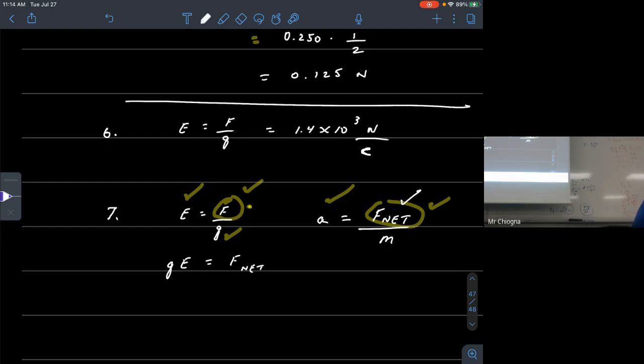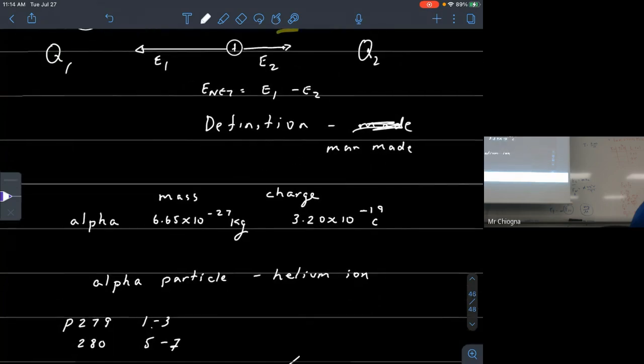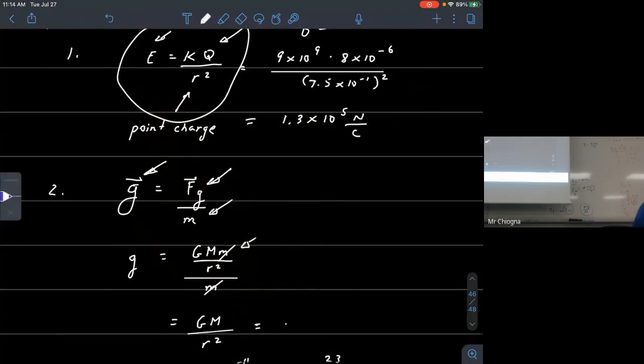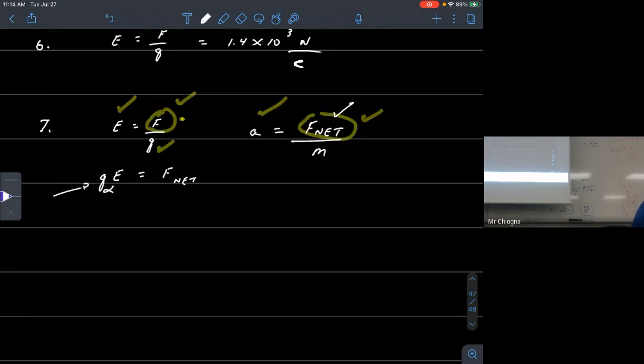Alpha particle. What's the charge? This is an alpha. I just told you need that table. I gave it to you up above here. That's why I gave it to you. It's 3.2. Whoa. You have it. You can memorize it if you want. It's twice the charge on a proton because it's made up of 2 protons.